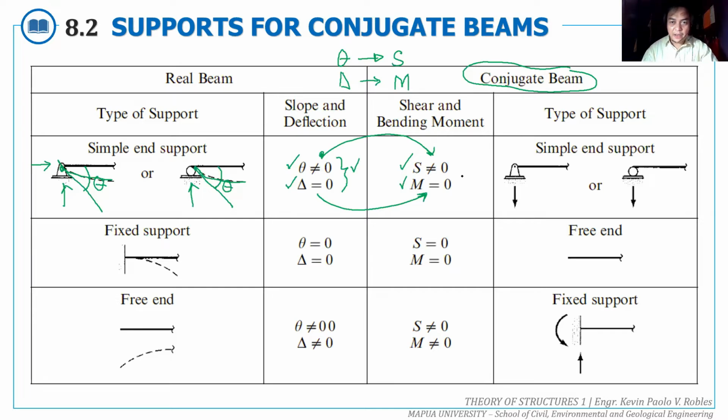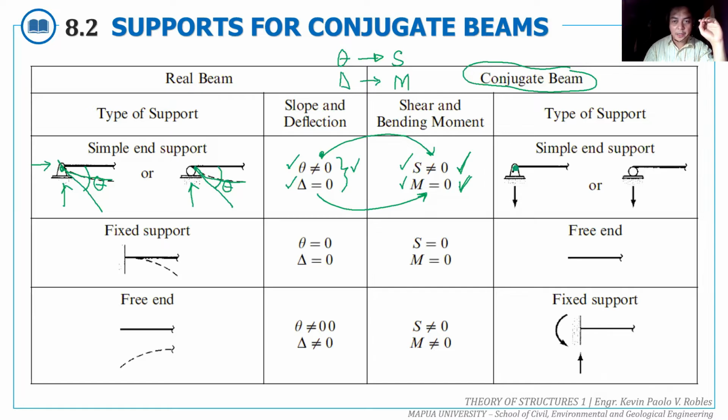Okay? So now, how do we identify the conjugate beam? What kind of support, what kind of joint, has a shear that is not 0, but a moment that is 0? Hindi ba simple support din yun?